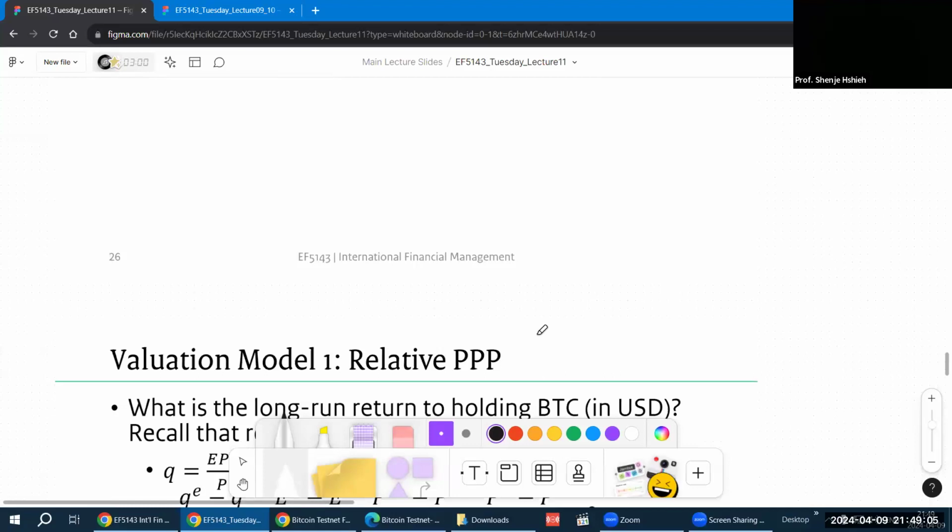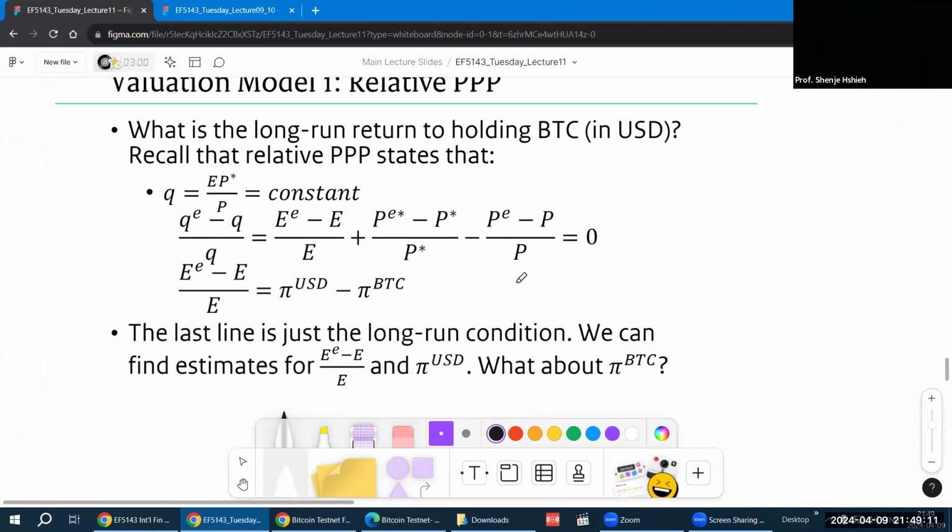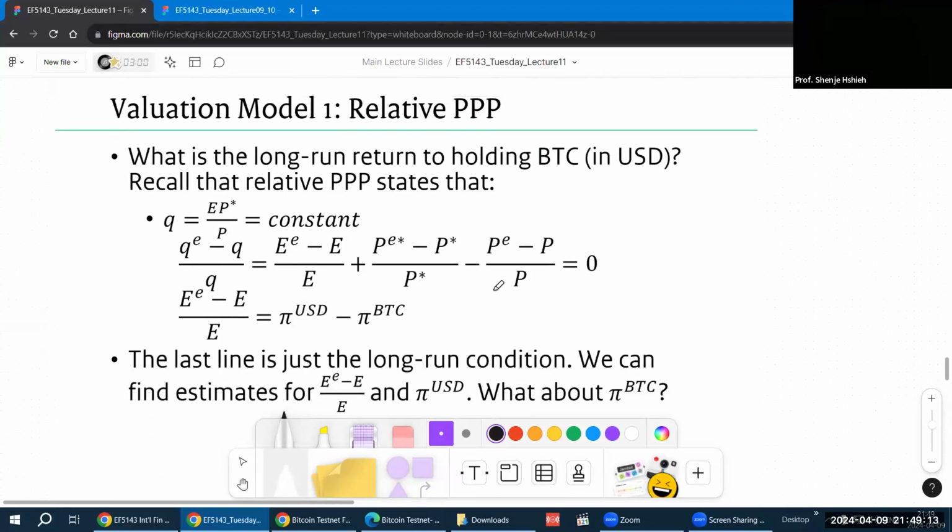Okay, so maybe just to give you an idea that we can use the models we have at hand to price Bitcoin, we can use relative PPP. Maybe I'll go over this model and then go over the rest of the stuff next week. We can evaluate the long-term return of holding Bitcoin using relative PPP. We know where relative PPP comes from. It comes from the real exchange rate equation.